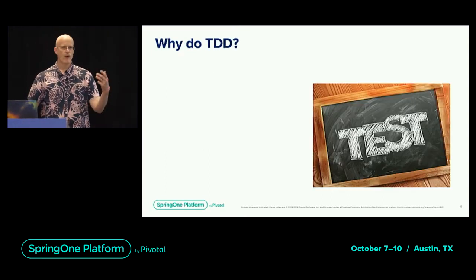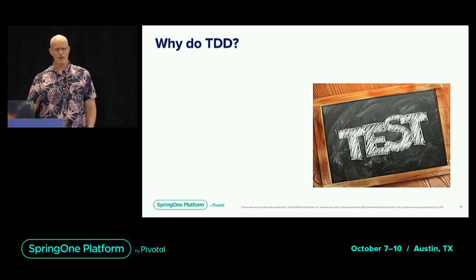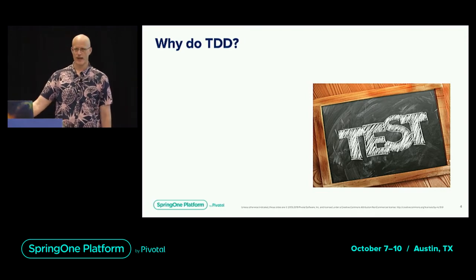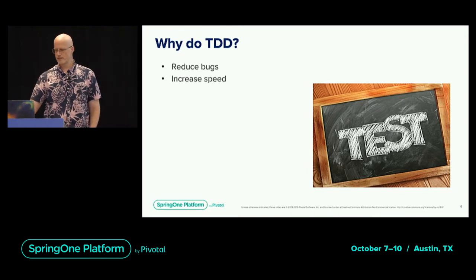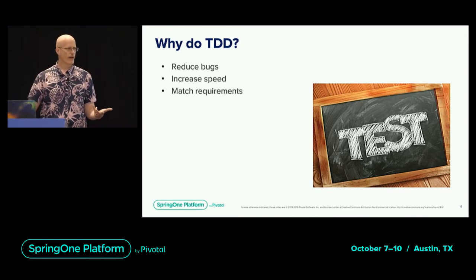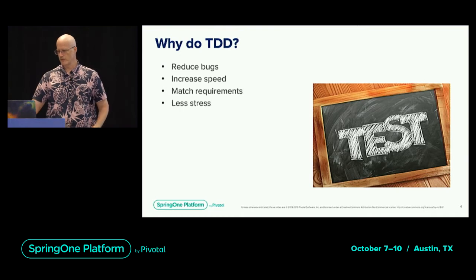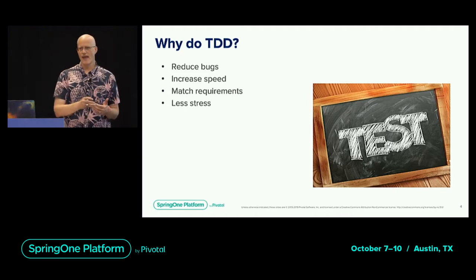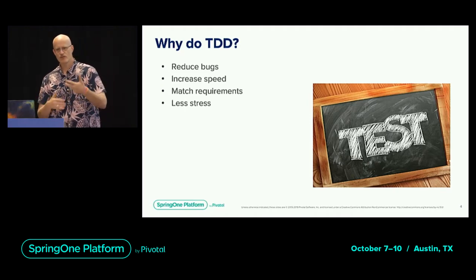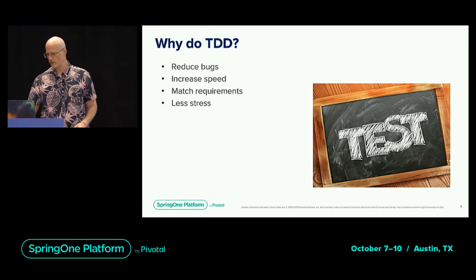So why do we TDD? Well, trick question, especially in this crowd. You know this stuff. Reduce bugs, increase speed, match the requirements that you're trying to build for your consumers, and ultimately less stress, both because you can move incrementally and also because you have that trust that your tests will catch you.